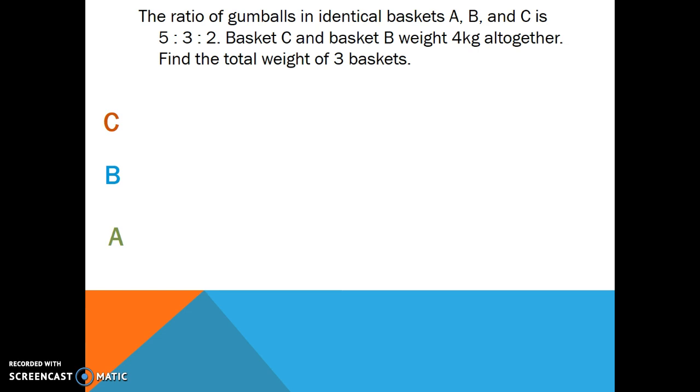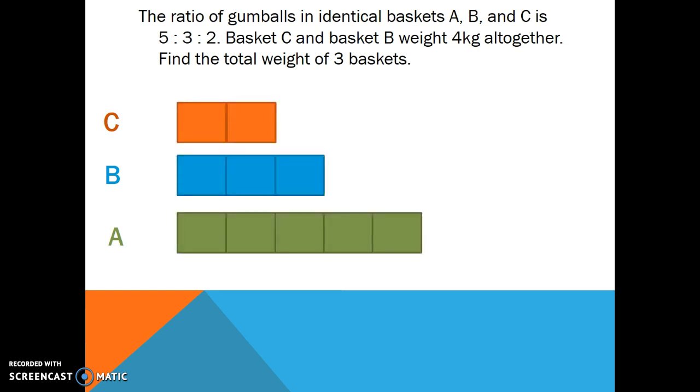Just like all of our word problems, let's deal with one piece of information at a time. Let's start at the beginning. Since we have a ratio here, we should draw our bar models. I drew them so that the basket with the least number of units is on top, and that's basket C. So basket C has 2 units, B has 3 units, A has 5 units.